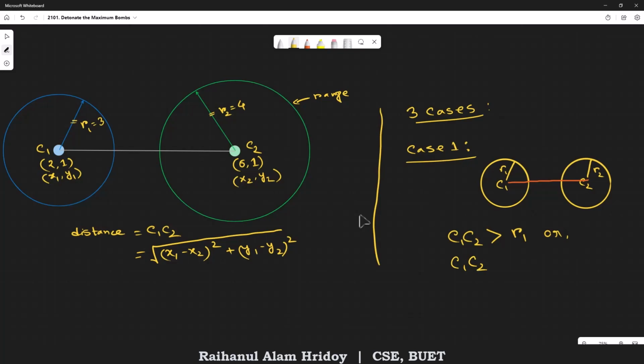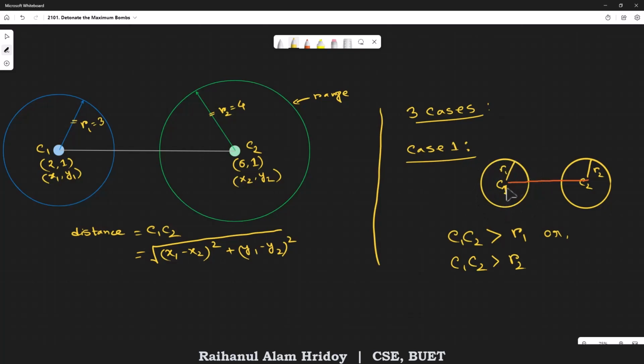If we are first calculating from C1, we are considering whether it's inside the range of C2 or not. For C2 we will calculate with R2. So when we are considering circle C1, we are calculating the distance to see if circle C2 is inside the range of C1.